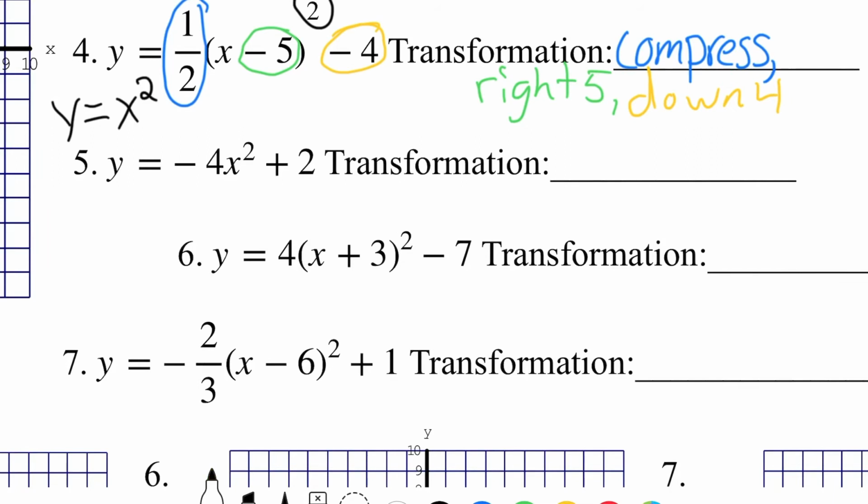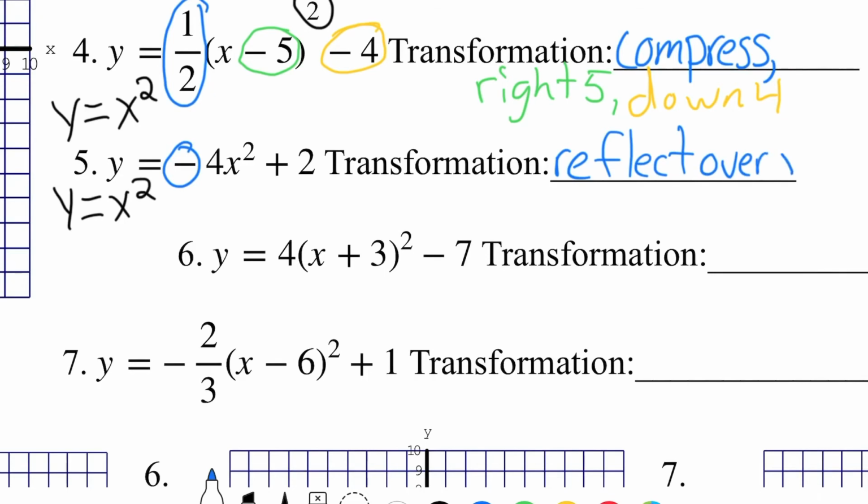Number 5, parent function, again, is y equals x squared. Our negative outside is going to tell us to reflect over the x-axis. Our 4 is greater than 1, so we're going to stretch.